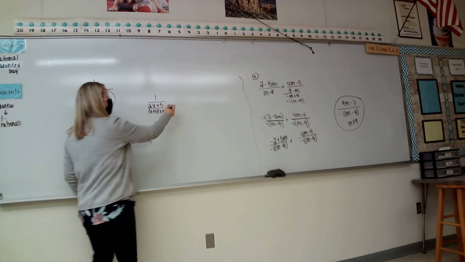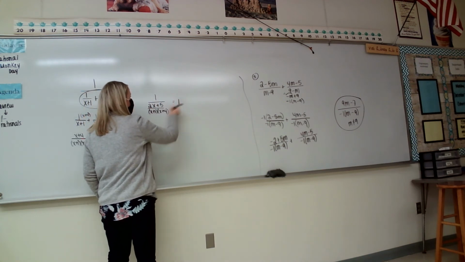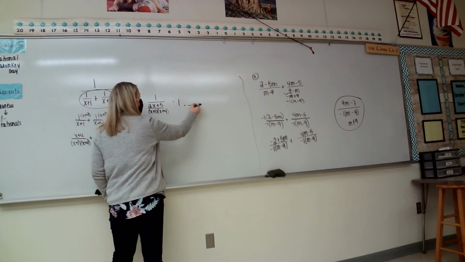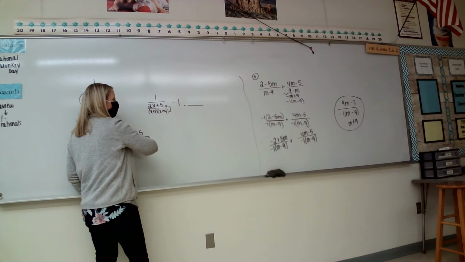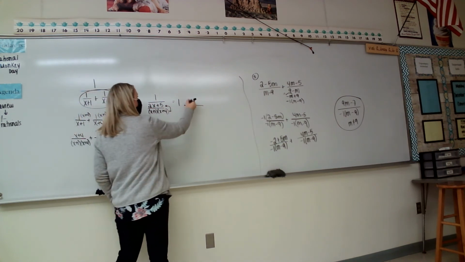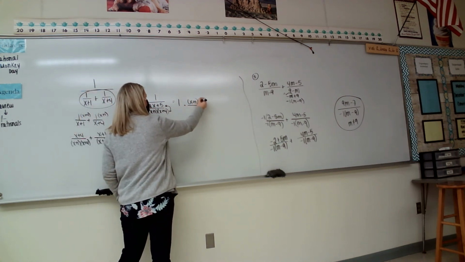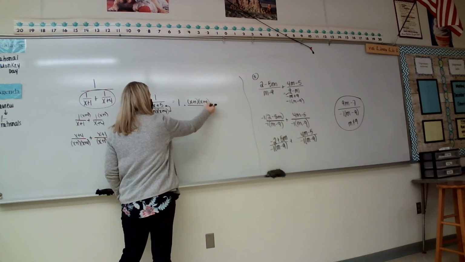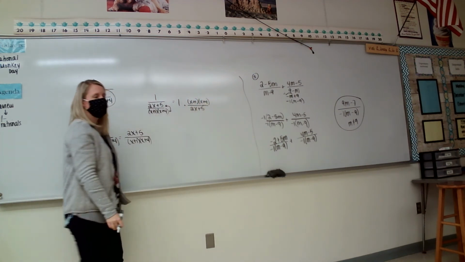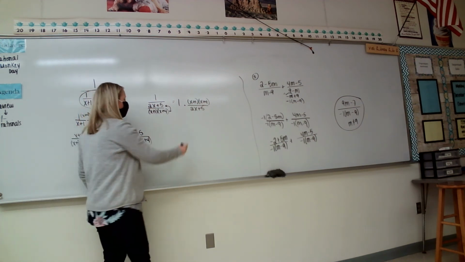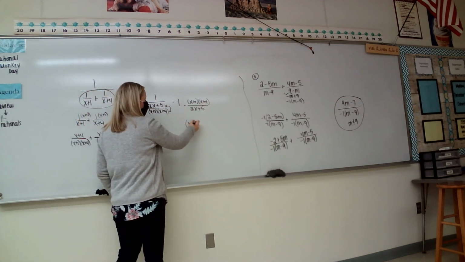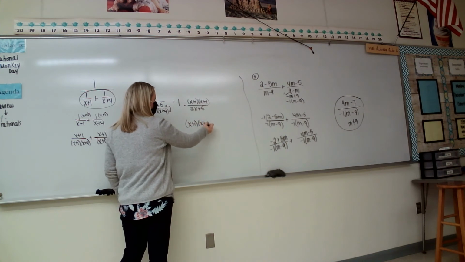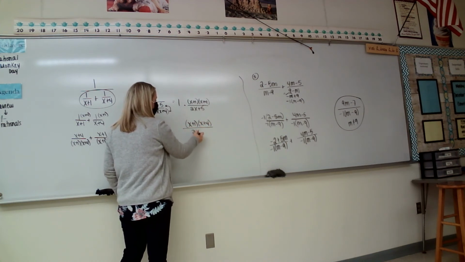So you keep the top as it is, and then you multiply and flip the bottom. We did that a lot with good old division. And then you're just multiplying by 1, so you get x plus 1, x plus 4, over 2x plus 5.